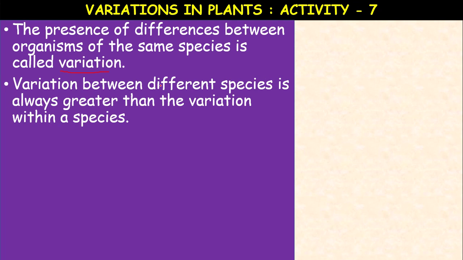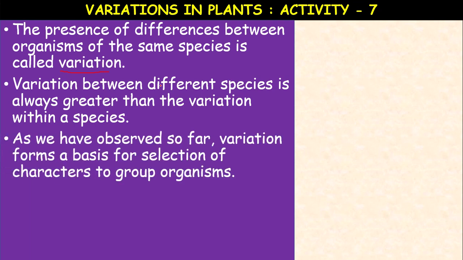The variation between the different species is always greater than the variations within a species. Okay, if you take a banyan tree and a neem tree, there are many variations, many differences. Here what we have done, we have considered the two neem plants, so the variations are very less. The variations between different species is always greater than the variations within the same species.